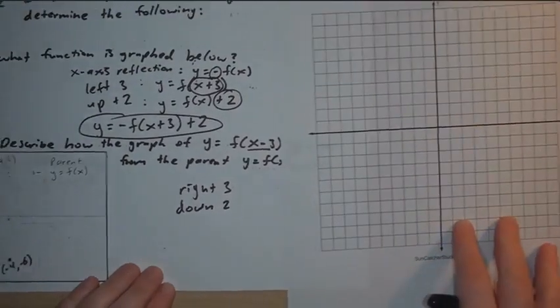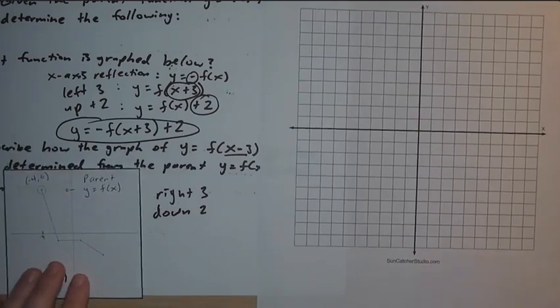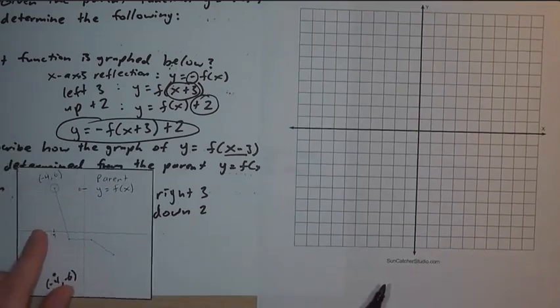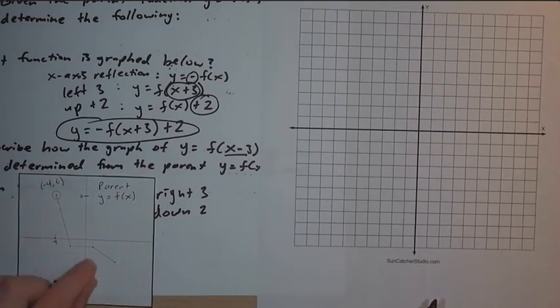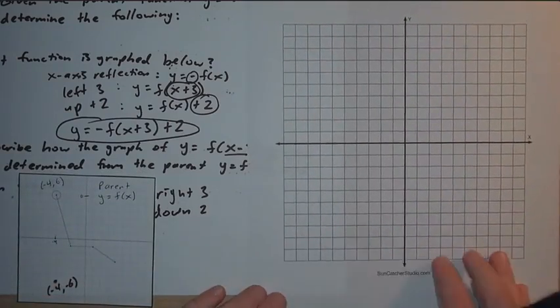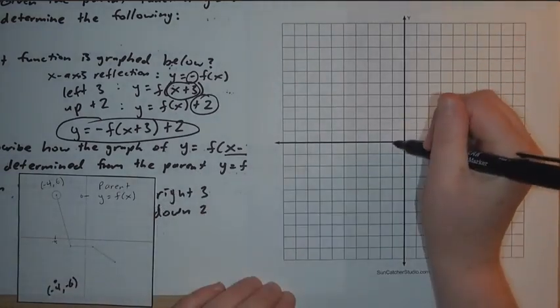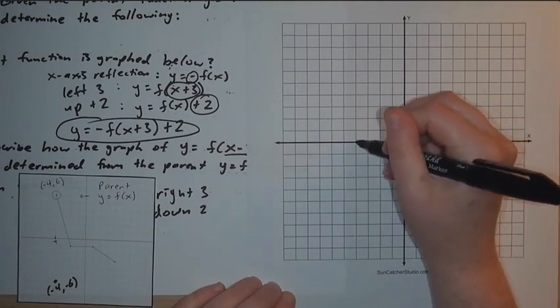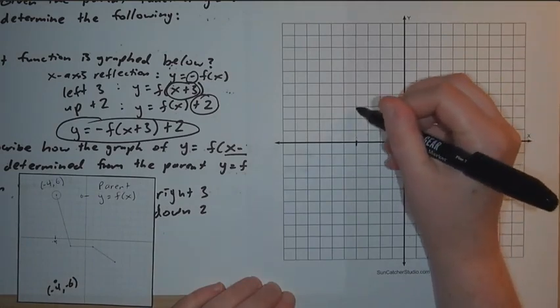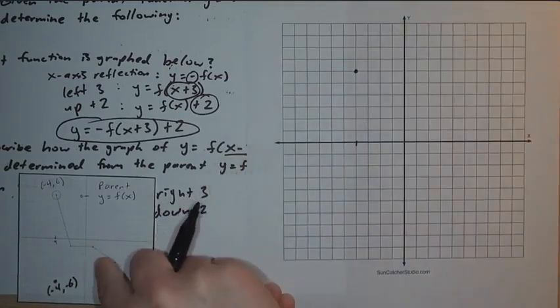So we have our graph right here. I'm going to mark out the parent function, and we're going to move each point in the parent function right 3 and then downwards 2. In the parent function we had negative 4, positive 6. So that's negative 4, up 6, 1, 2, 3, 4, 5, 6. In the small dots, that's going to be the original.